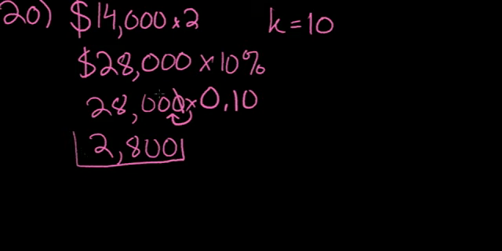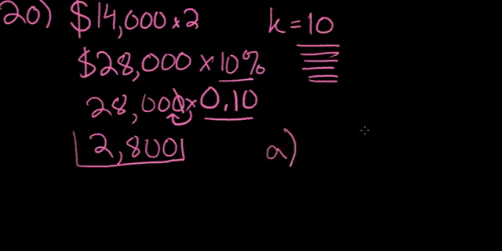Now, why this question seems so easy yet so confusing is because when you calculate it, you need to use 0.10 or 10%, but when you look at the answer choices, you still have to use 10 on its own. So let's try choice A. Choice A is 280K.